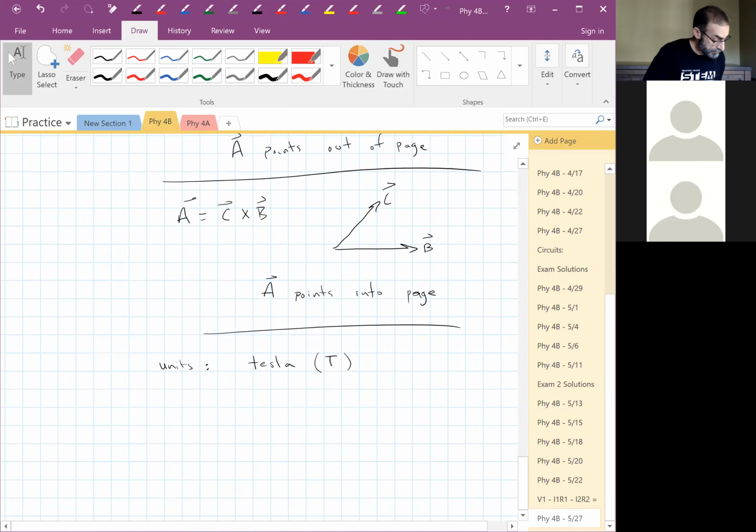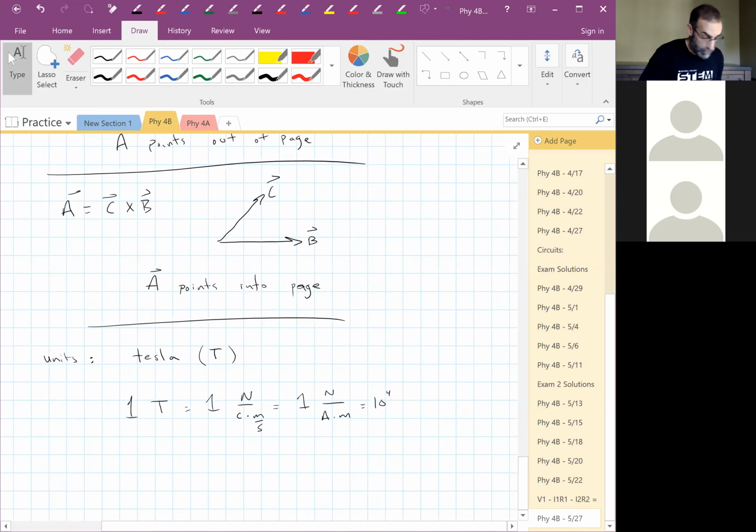And 1 Tesla is 1 Newton per Coulomb meter per second, 1 Newton per amp meter, and 10 to the 4th Gauss. This is the SI unit for magnetic field, the Tesla.